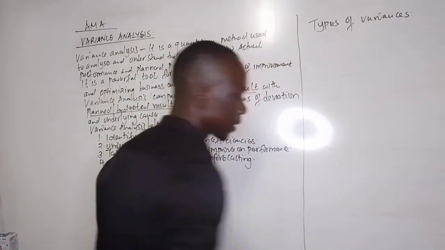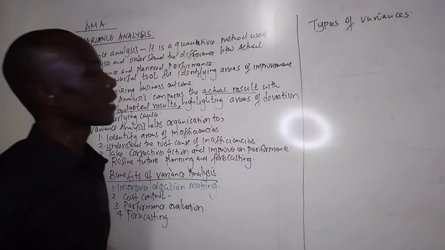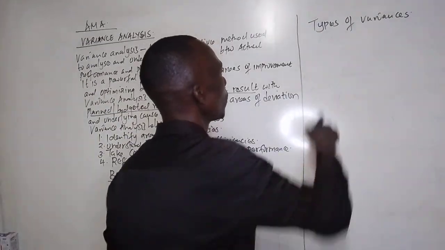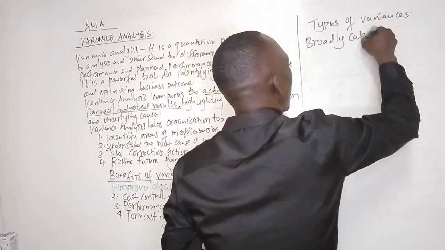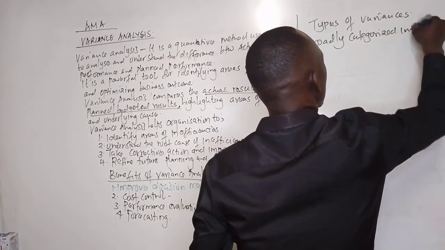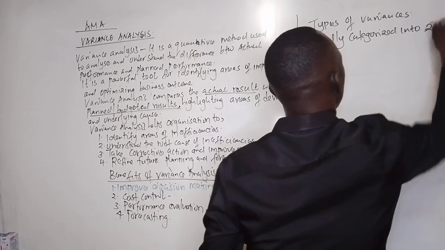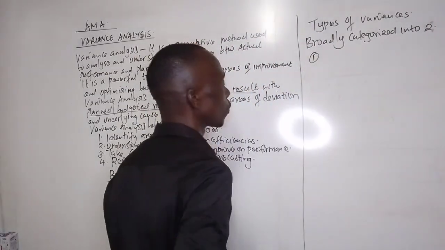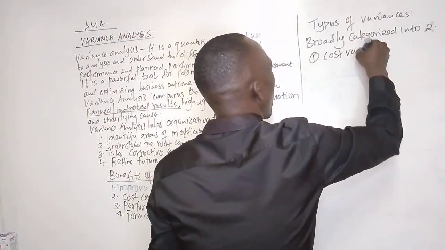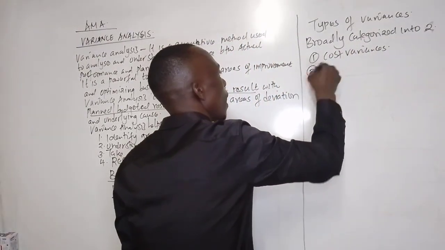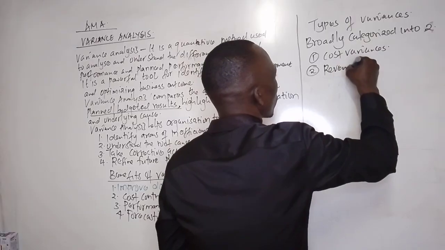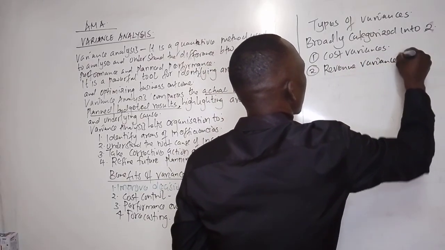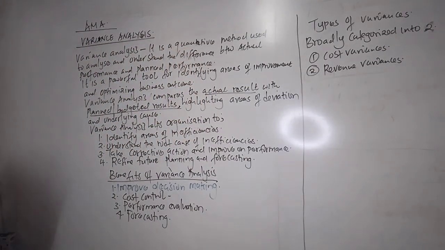Variances are broadly categorized into two. We have what we call the cost variances, and also the revenue or sales variances.